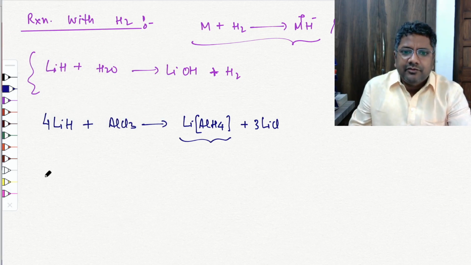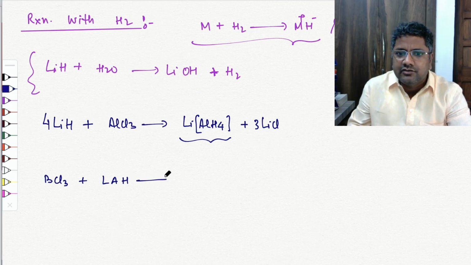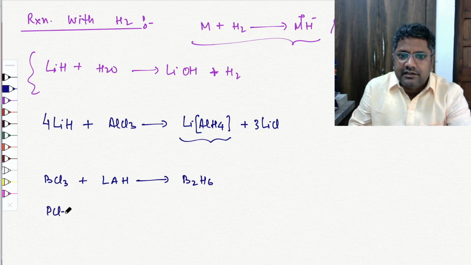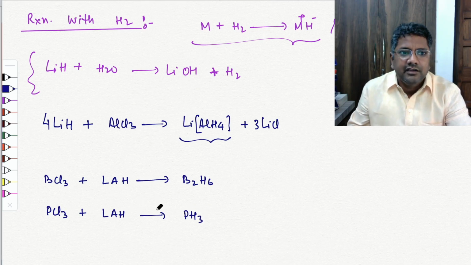And this LiAlH4 we can use for inorganic preparations as well. For example, if you take BCl3 and lithium aluminum hydride, the short form is LAH, you have B2H6, diborane you can prepare. If you take PCl3 with lithium aluminum hydride, you have PH3, phosphine, right?